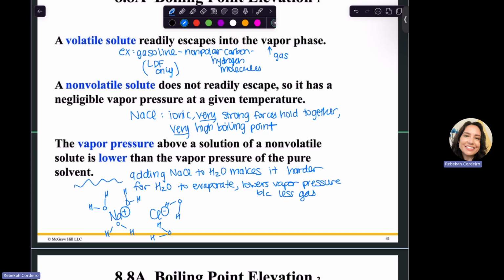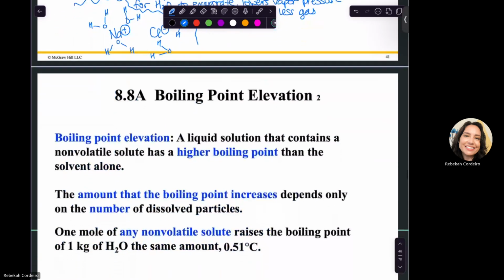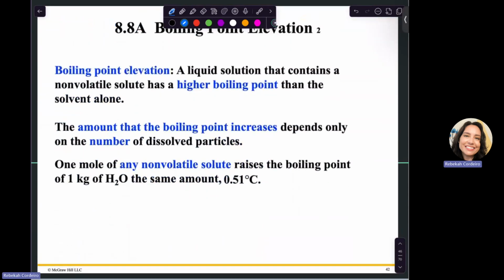You don't have to get into too much detail with all of this. Just know that if you add something, you're lowering the vapor pressure, you're making it harder to evaporate. And if it's harder to evaporate, it takes longer to boil. That's a higher boiling point. We talked about this already, but the amount the boiling point increases depends on the number of particles.